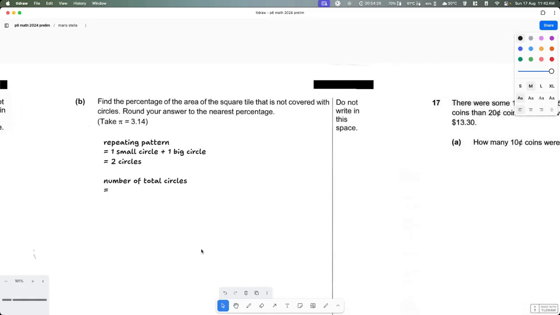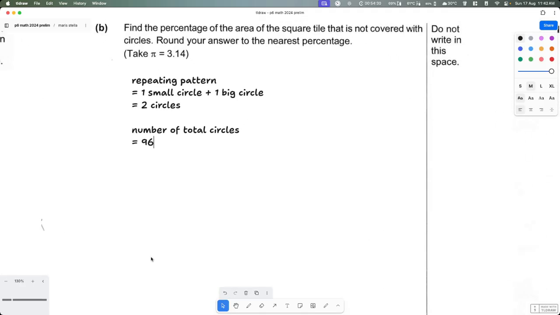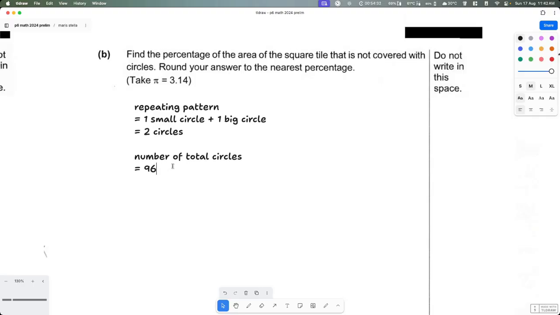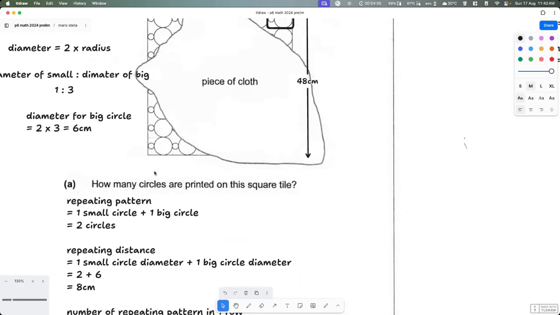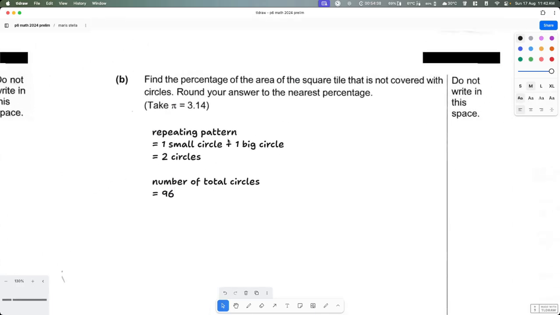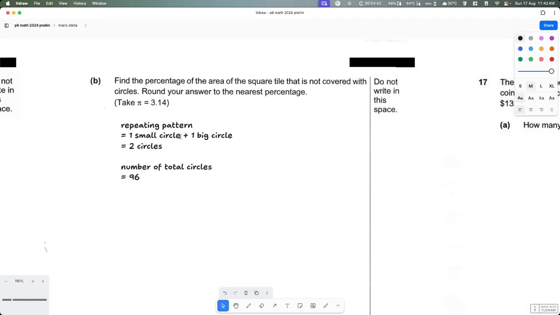Or basically 48, half and half. So the repeating pattern is one small circle and one big circle, two circles over here.